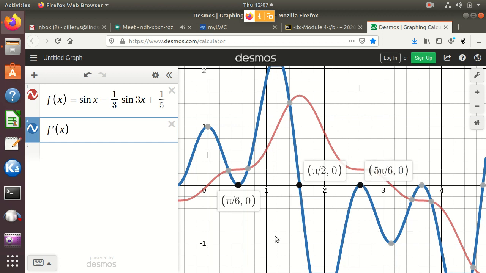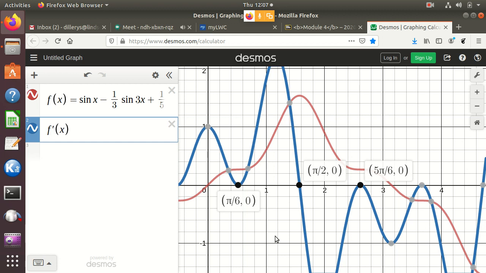And so pi over 6, and this is the amazing thing with this particular problem, it happens to occur at these really nice angles, pi over 6, pi over 2, and 5 pi over 6, which I certainly didn't see coming.